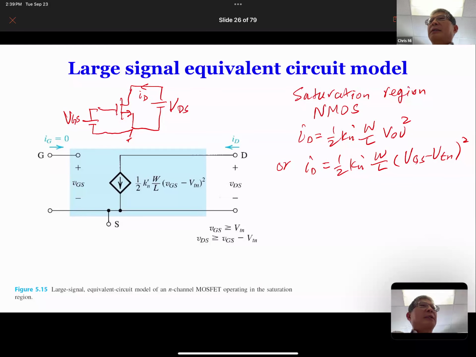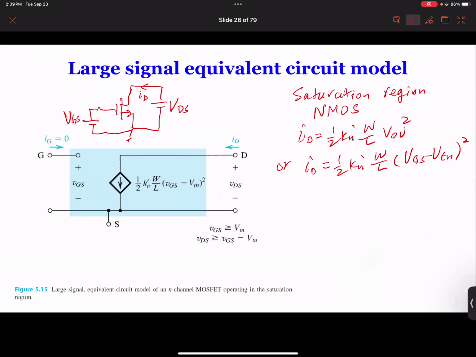Now, as we mentioned many times, IG is always 0 because this is an insulated gate, and again it's a MOSFET, a field effect transistor. There's no current into the gate. So this equivalent circuit is very useful.